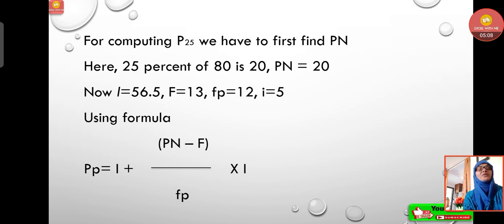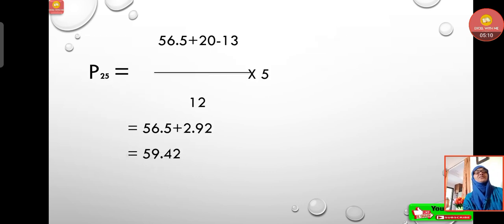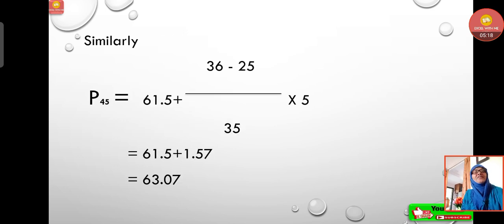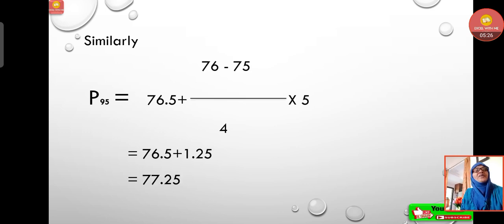Now using the formula we can calculate this: 56.5 plus 20 minus 13 upon 12 multiplied by 5, we get the answer 59.42. Like that we have to calculate. Similarly for P45 we have the formula, and according to that we calculate P45 and then P95 similarly.